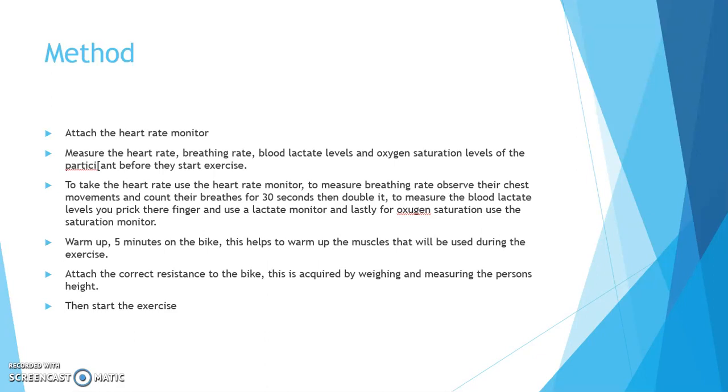To take the heart rate, we were going to use the heart rate monitor. To measure breathing rate, we're going to observe their chest movements, count their breaths for 30 seconds, then double it. To measure blood lactate levels, we were going to prick their finger and use a lactate monitor. And lastly, for oxygen saturation, we were going to use the saturation monitor.